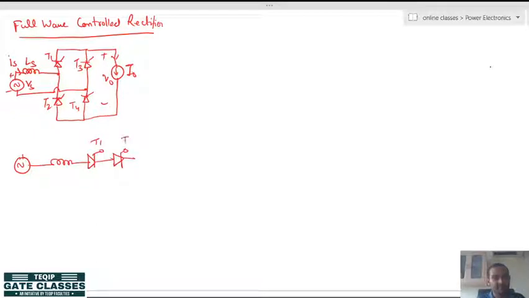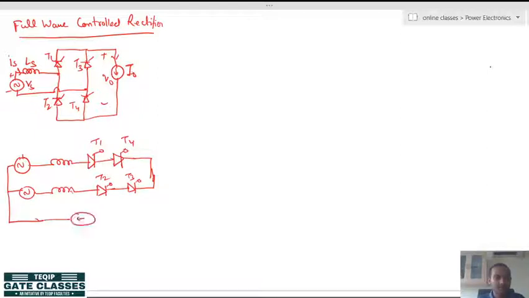Thyristor T1, T4, T2, T3, and then the load current.